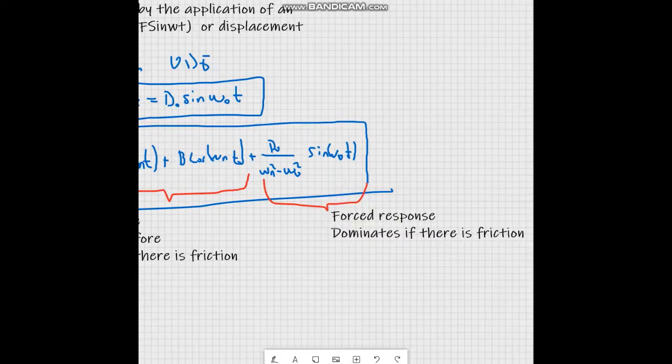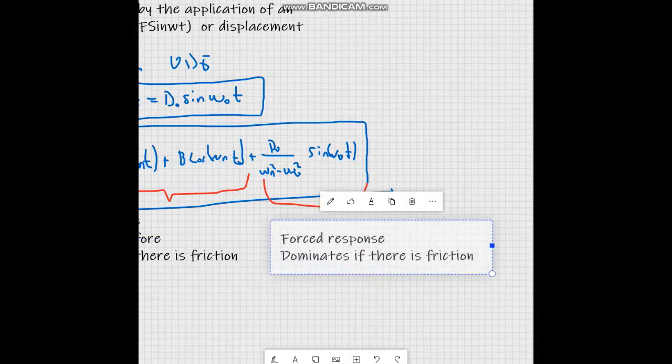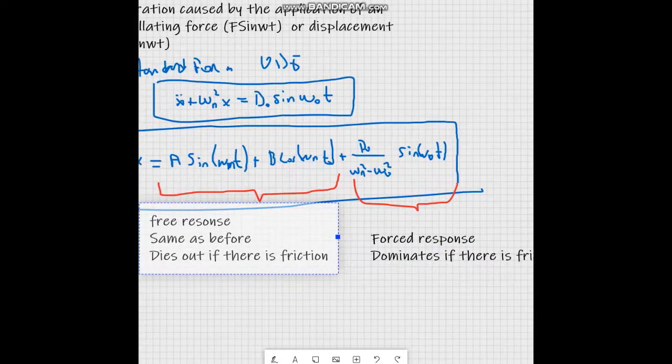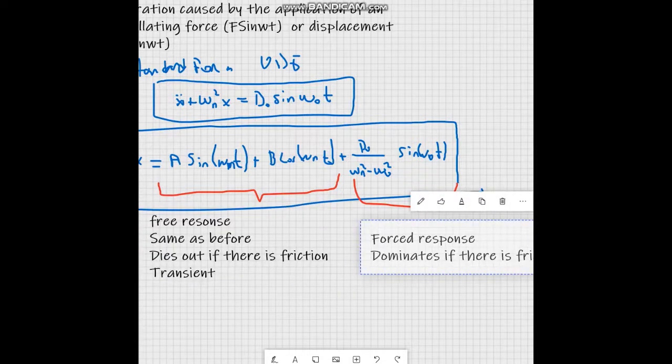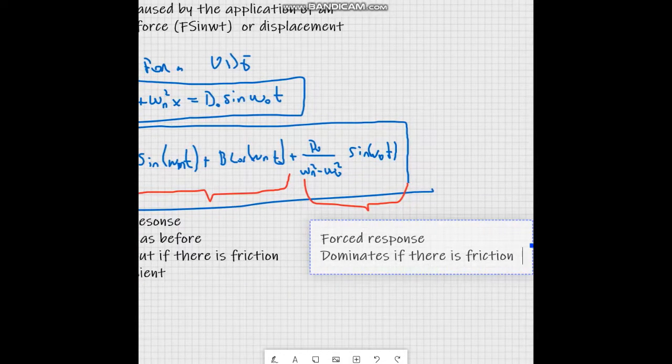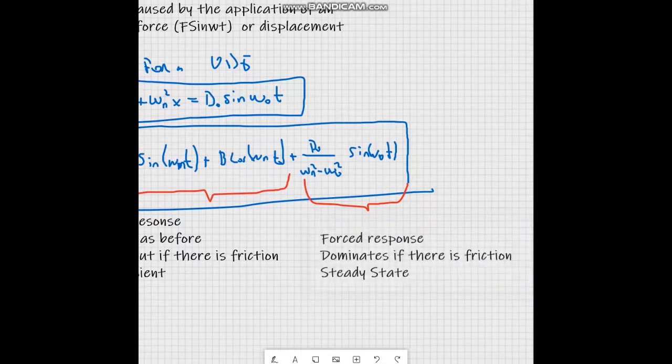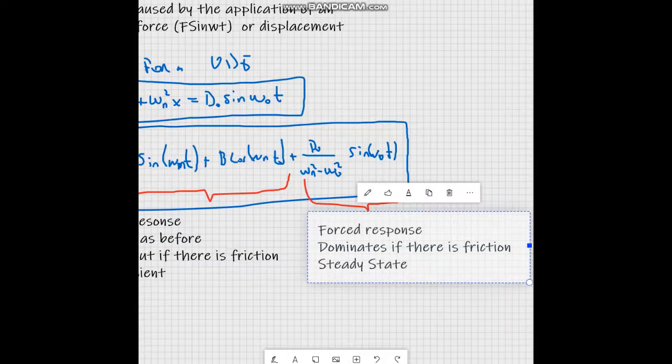This first guy is transient, which means it goes away with time, and this guy is steady state, so over a long time it's going to be steady state and it's going to dominate.